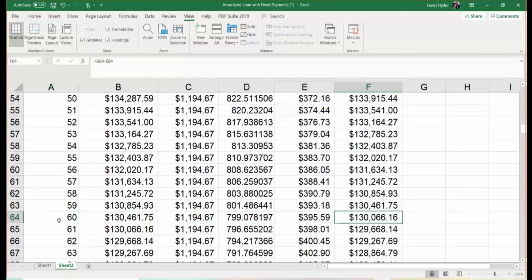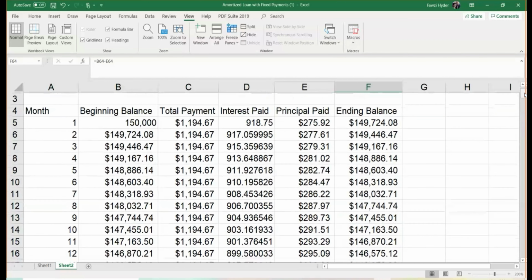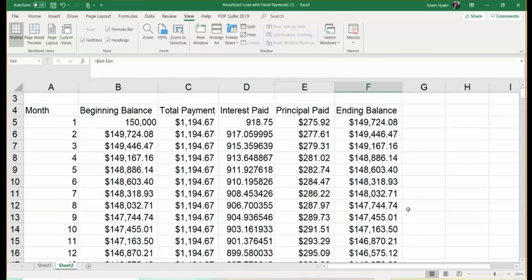So you can go to your bank and tell them, I need to pay back all the loan. In this case, it's not like you need to make all the rest of the fixed payments of 1194.67 times 180. The amount that you should pay in this case is exactly $130,066.16.